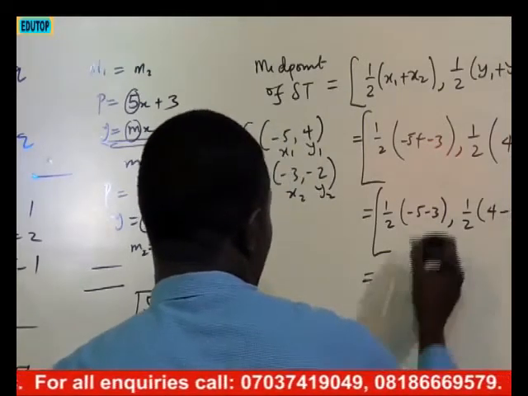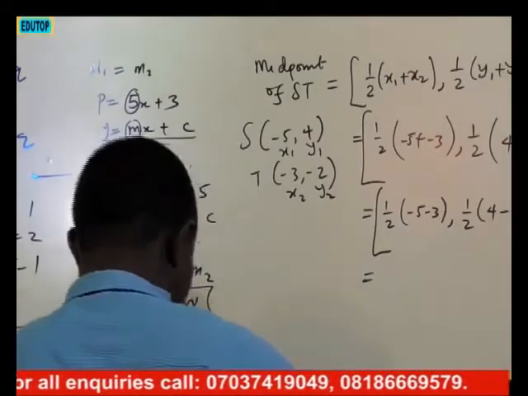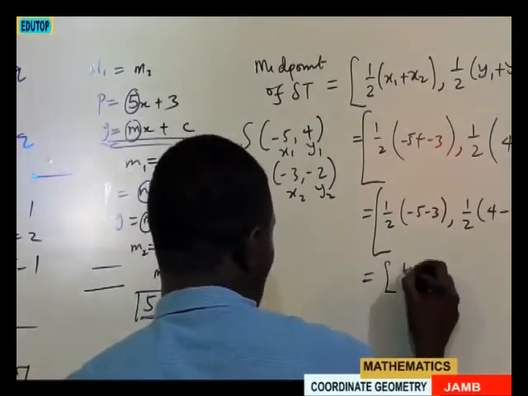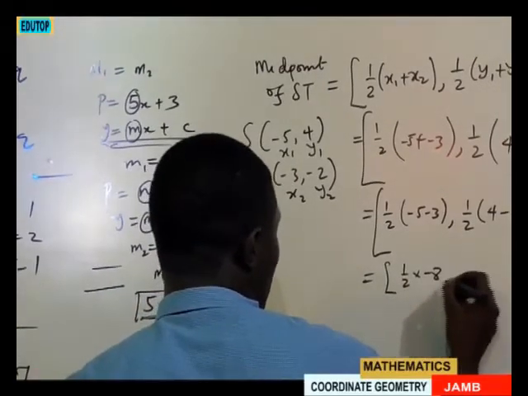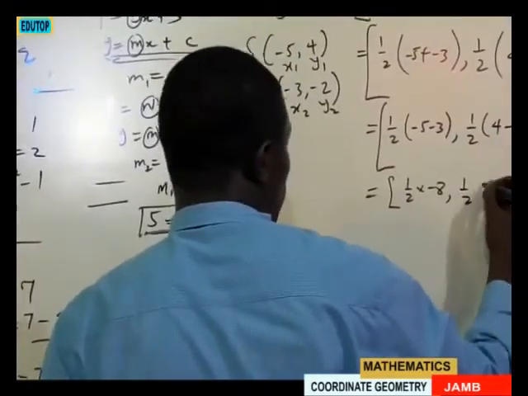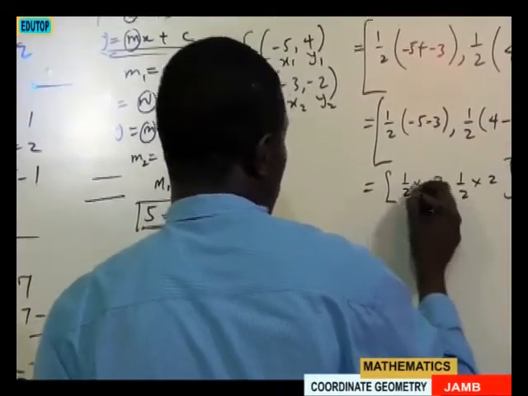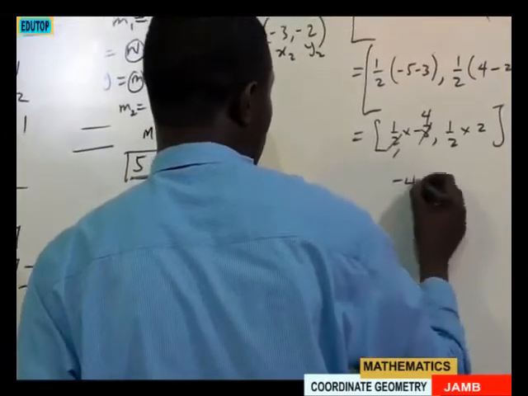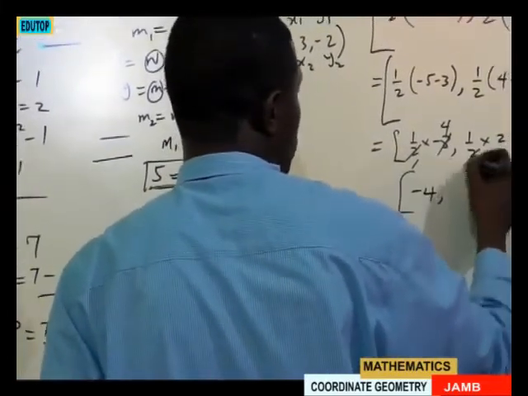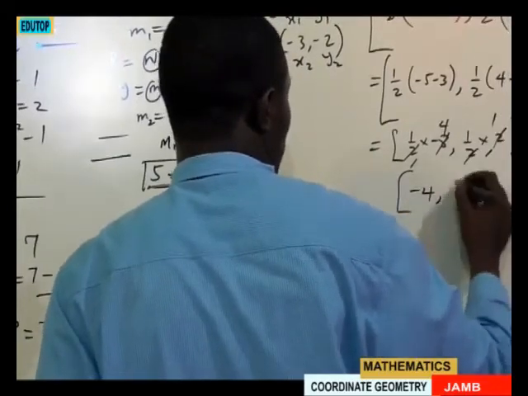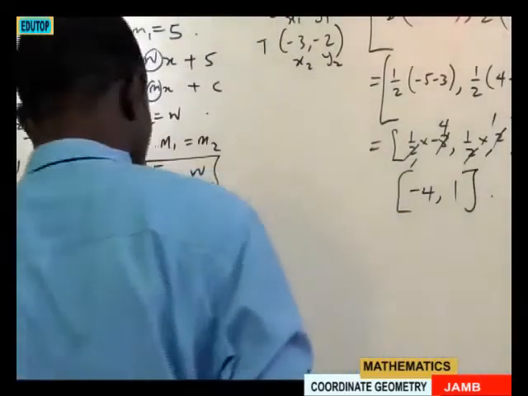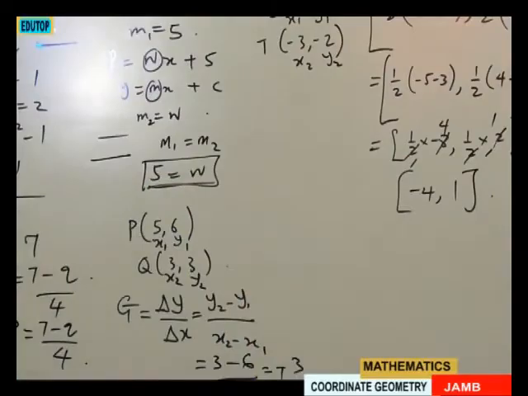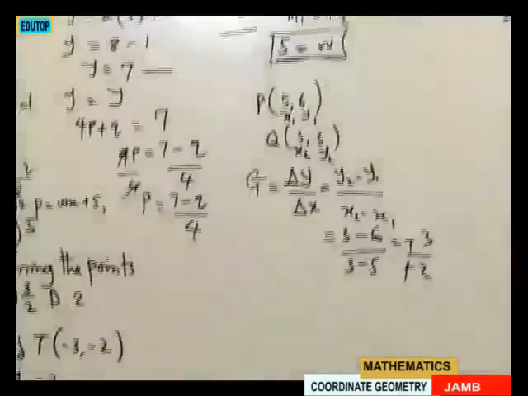So here, minus 5 minus 3, that's minus 8. So I have half times minus 8, comma, half of 4 minus 2, 2. Half of minus 8 is minus 4, comma, half of 2 is 1. So it will be minus 4, comma, 1. That's C.